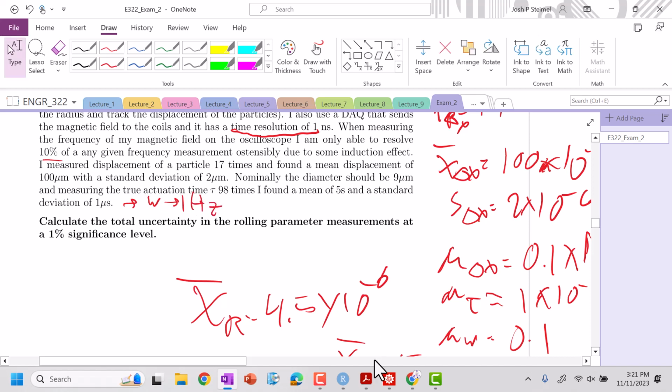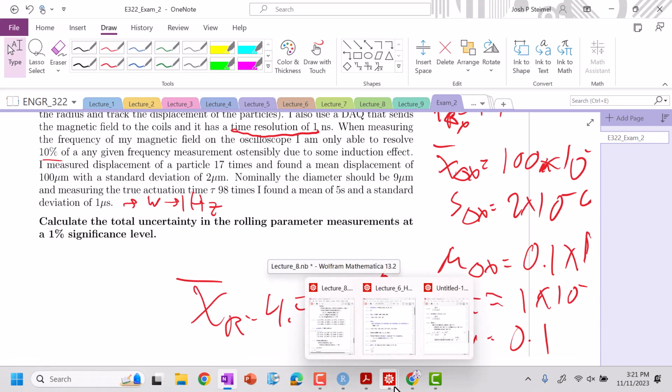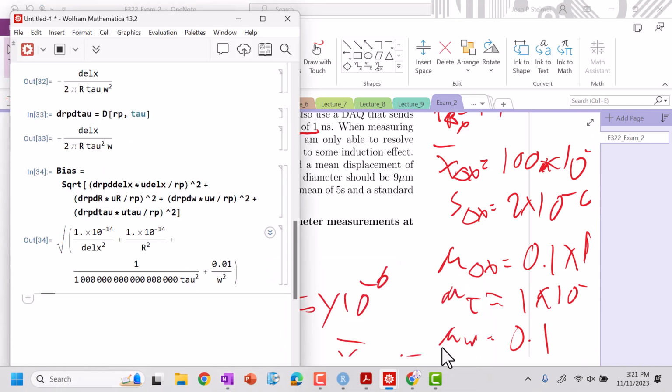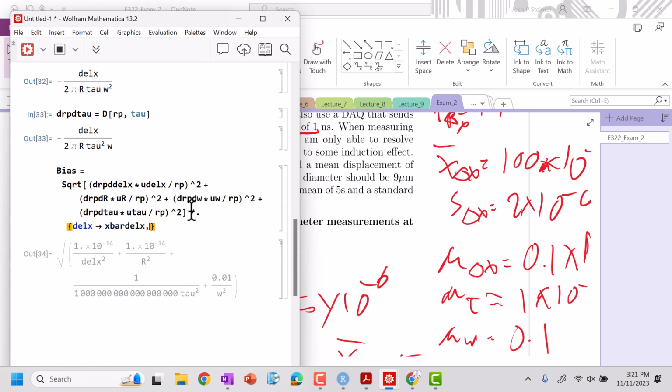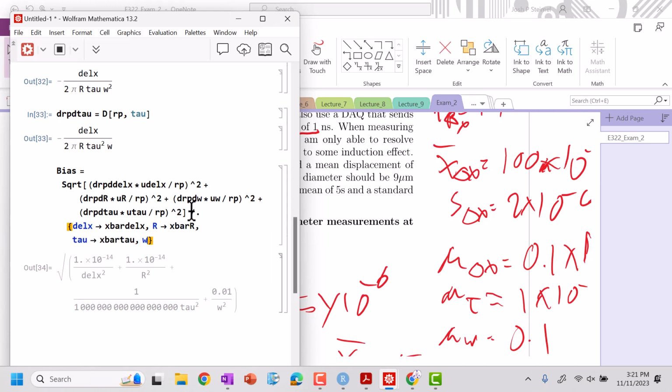So we'll plug that in as a value, but you could just replace it by 0.1 too if you wanted to. So let's go ahead and do that. Del x goes to x bar del x. We're going to say that r goes to x bar r, tau goes to x bar tau, and then finally w goes to 1. So that's going to be our bias.